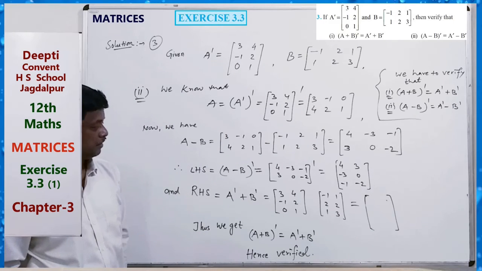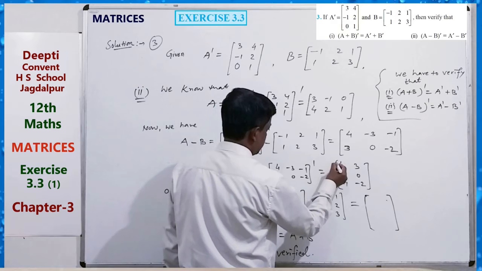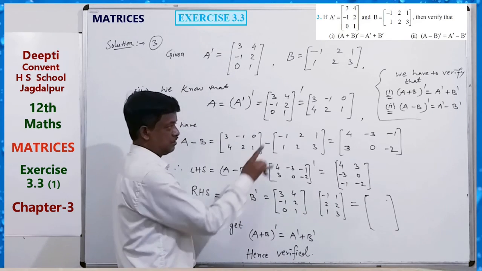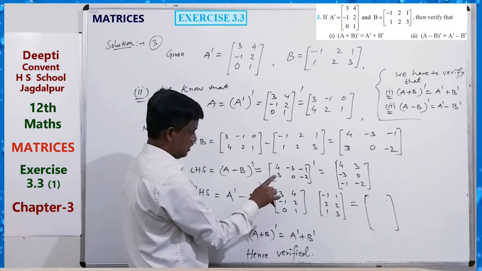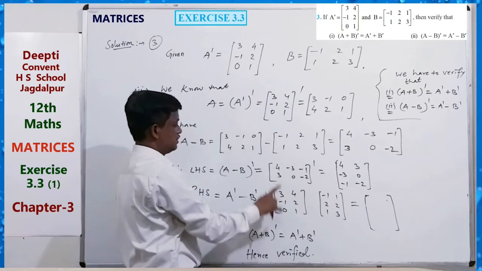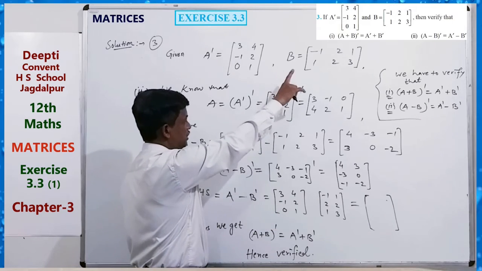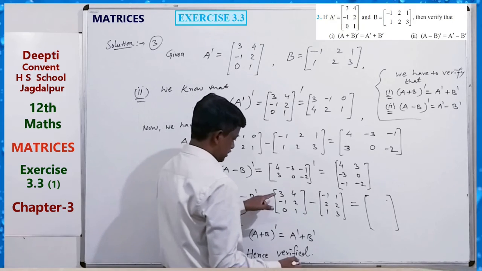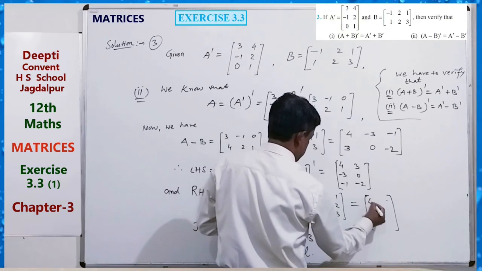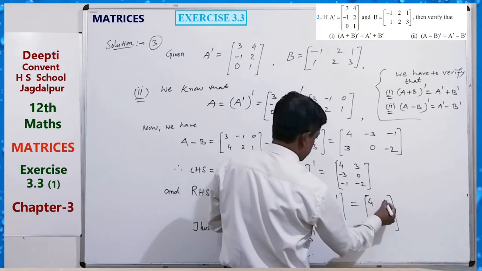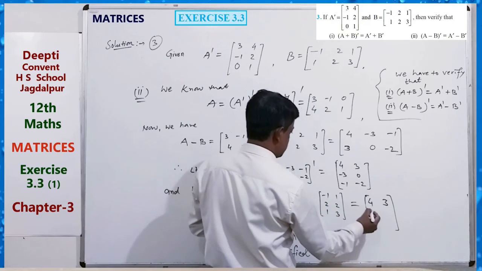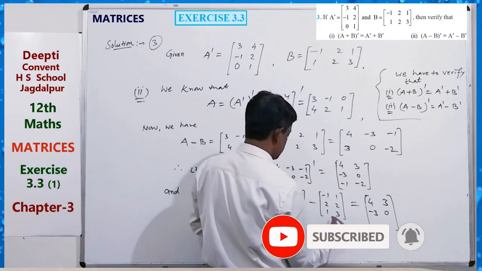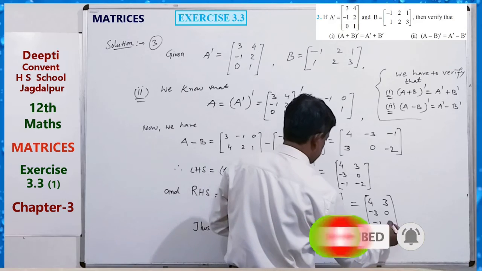Clear? Now the right hand side, with the minus sign: A dash minus B dash. Just take the minus sign, then 3 minus minus 1 is 4, 4 minus 1 is 3, minus 1, minus 2, minus 3, 2 minus 2, 0, 0 minus 1, minus 1, 1 minus 3, minus 2.